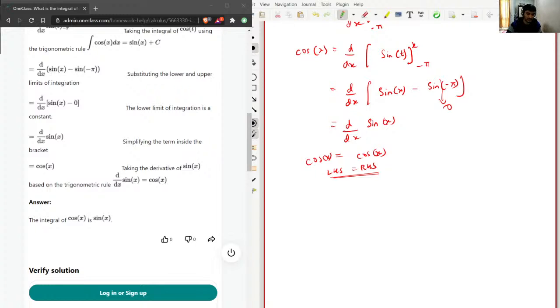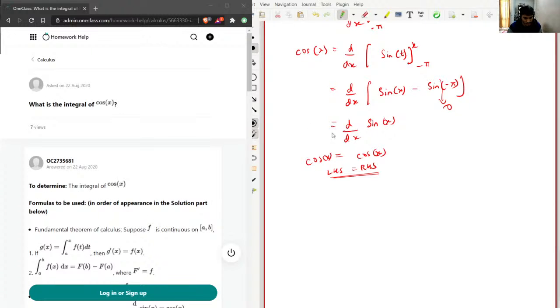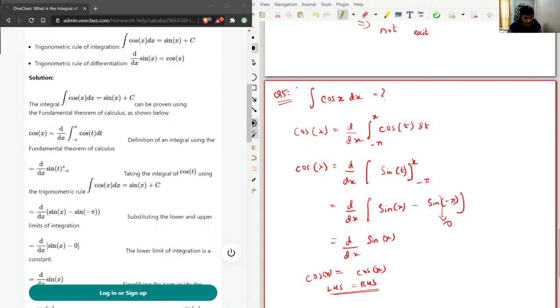And yeah, for indefinite we'll have a plus c, for definite we'll have some value of c, and that c can be 0 also. So this was question number 5, I guess.